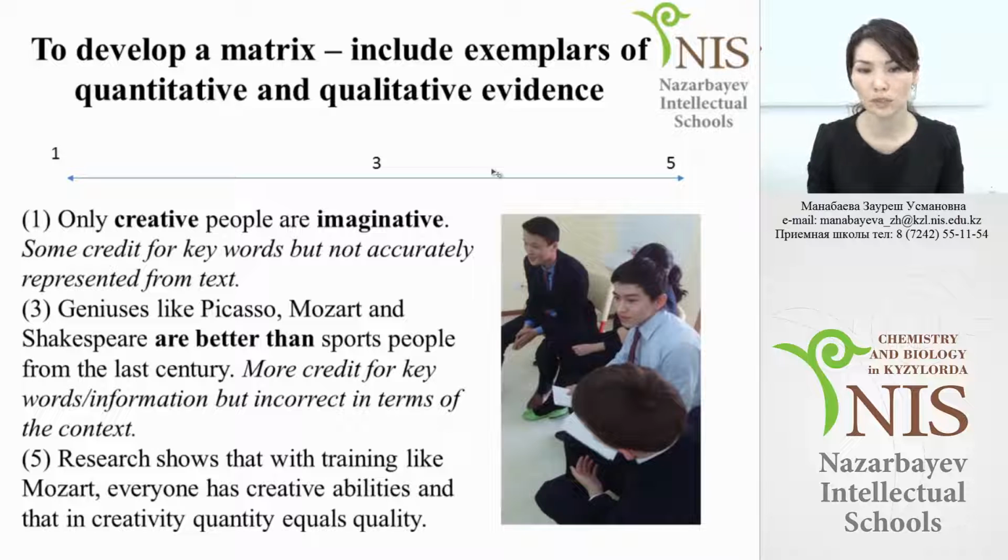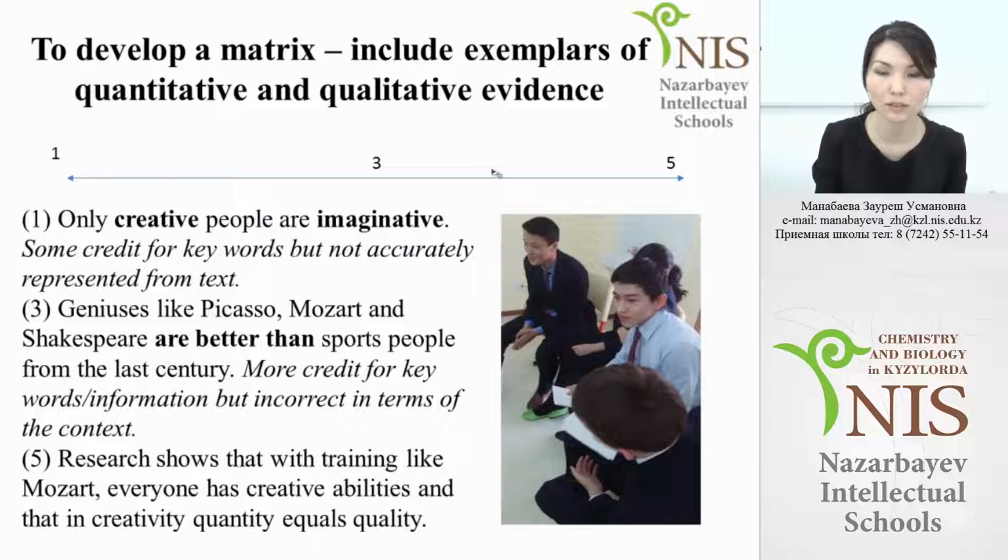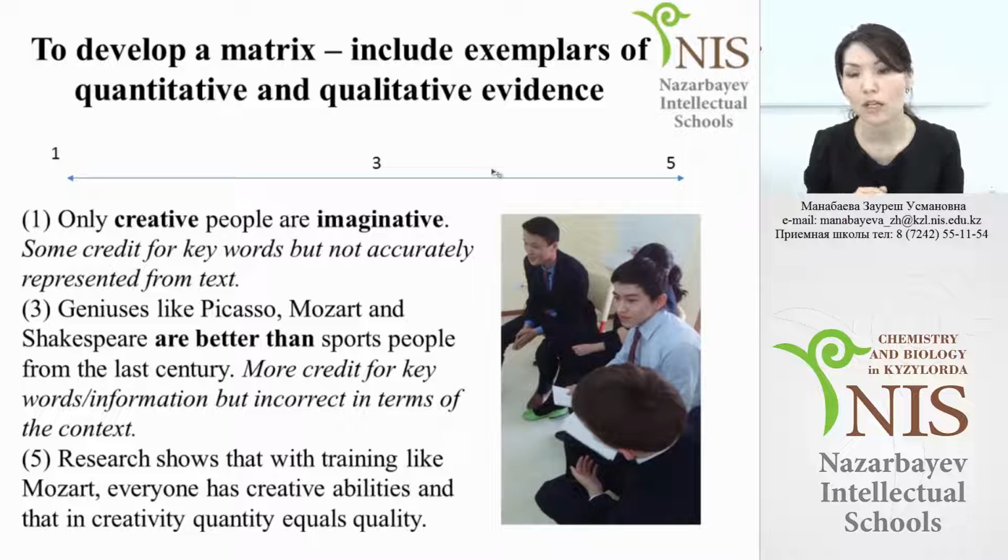For example, to get point number 1, they consider this kind of exemplar: Only creative people are imaginative. So this gets some credit for the keywords, creative and imaginative, but not accurately represented from the text.